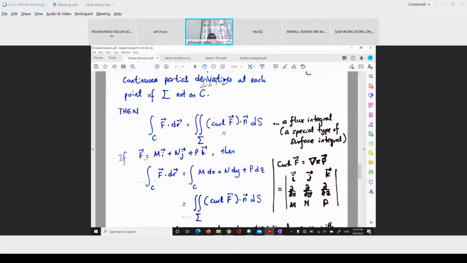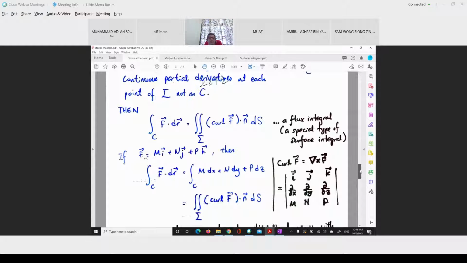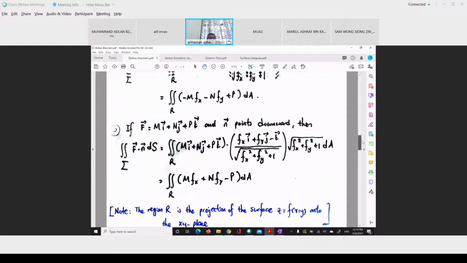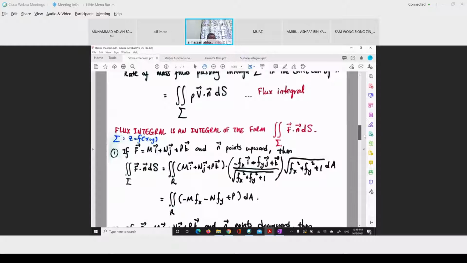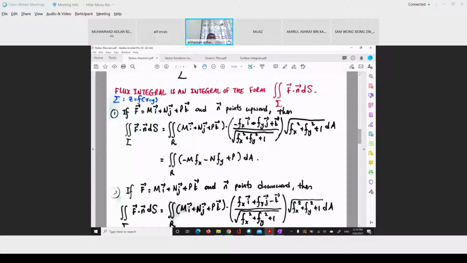This is the curl of a vector field F. It's a vector, right? The curl of a vector field F is a vector. So how to evaluate this flux integral? So we go back to here, which explains how to evaluate a flux integral.